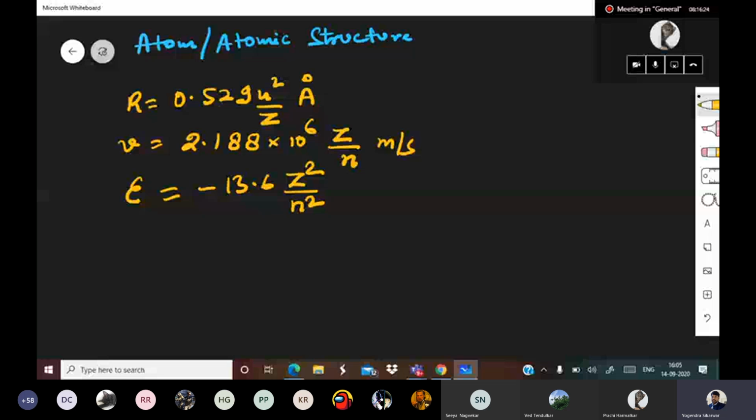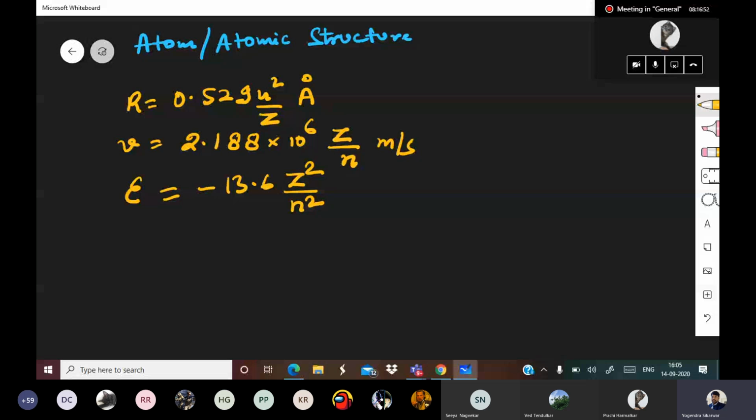Now if we talk about energy, the third case, be very particular and note that the minus sign is there with the energy. So first get the answer without the minus sign. If z is increasing, then z square will increase. But as the minus sign is there, energy will decrease.